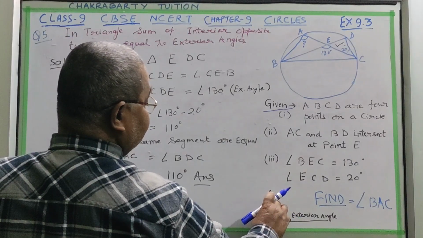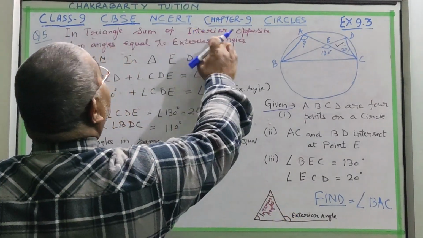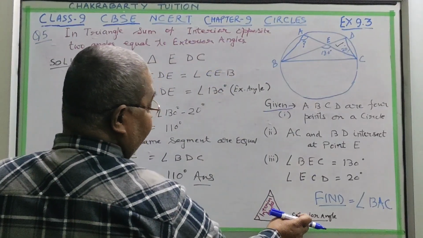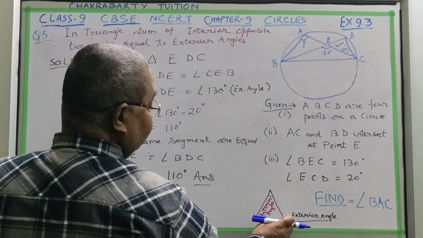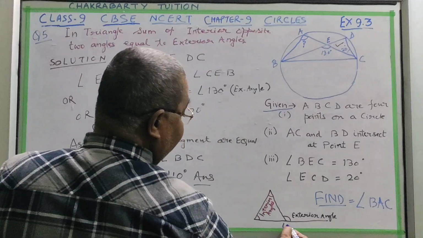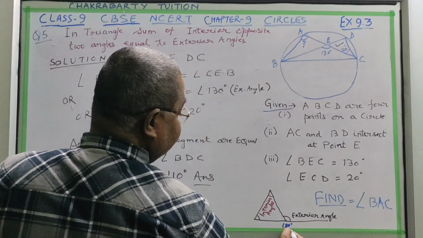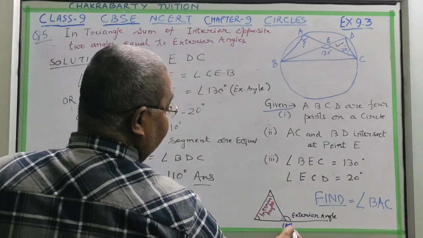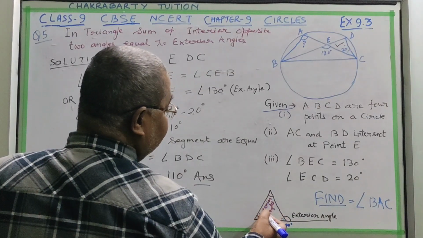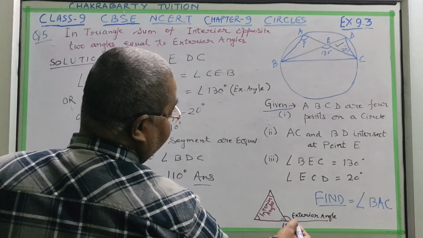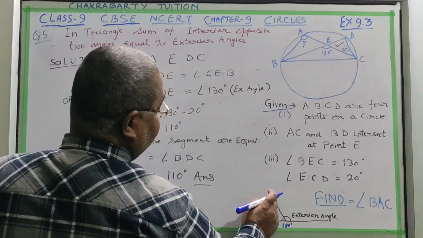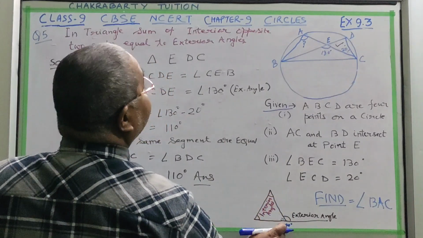So the sum of the interior opposite angles is equal to the exterior angle, because this whole portion is 180 degrees. Out of 180 degrees something is here, so the remaining two angles will be equal to 180 minus this portion. So it is always equal. Here this and this angle make 180 degrees.